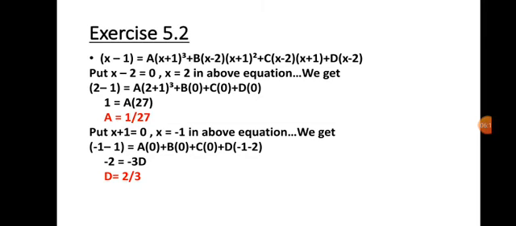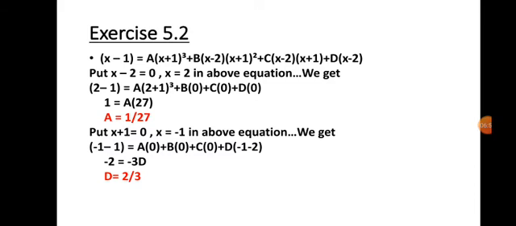The term containing D has no x plus 1 factor, that's why it will not be eliminated from this equation. So moving on, minus 2 is equal to minus 3D, the negative sign will cancel out from both sides, and D is equal to 2 over 3. So we calculated another value, that is D is equal to 2 over 3.